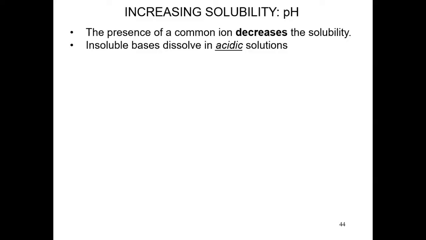For example, the hard water deposits you might get in your sink or your bathtub, which comes from calcium carbonate, will typically dissolve in vinegar, which is acidic. Insoluble acids will typically dissolve in basic solutions. So some of those insoluble acids, like benzoic and a lot of organic acids, will dissolve with ammonia, right?